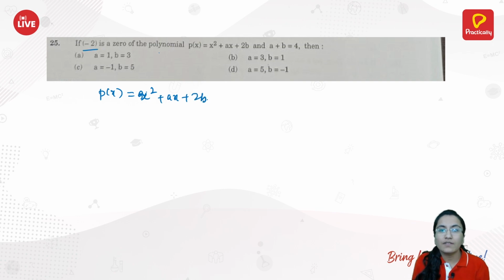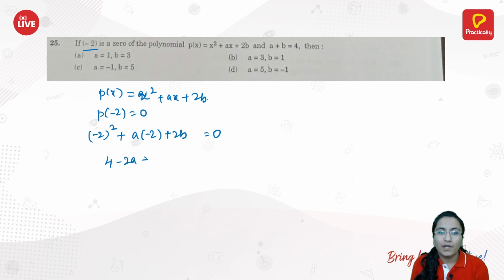As -2 is the zero of p(x), that means if we put x as -2, it would give us 0. So that means -2 square plus a into -2 plus 2b is equal to 0. So you have 4 minus 2a plus 2b equals to 0. So that would give you 2 minus a plus b equals to 0. So you get 2 plus b is equal to a.